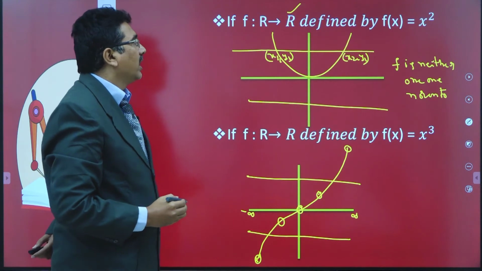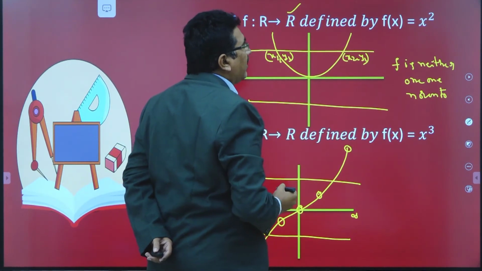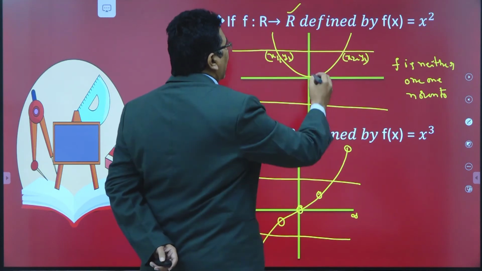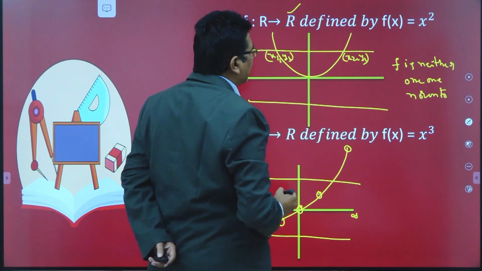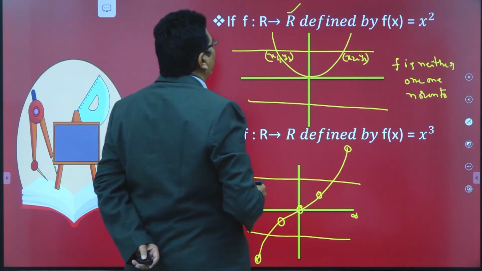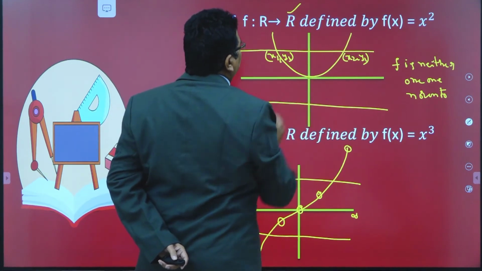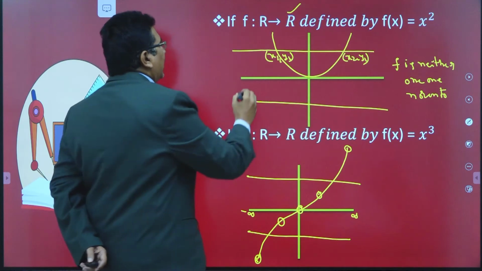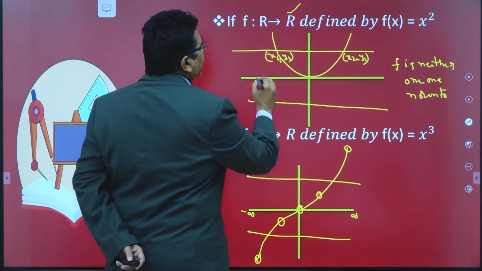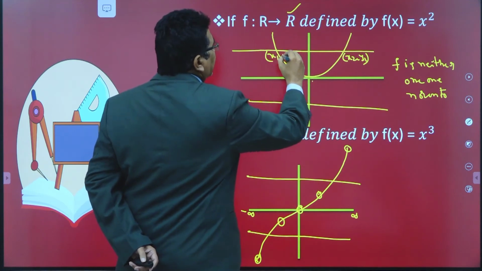Here f of x equal to x square. This is an even function since the graph is symmetrical about y-axis. Also, observe this, if x increases from minus infinity to 0, f of x decreases.